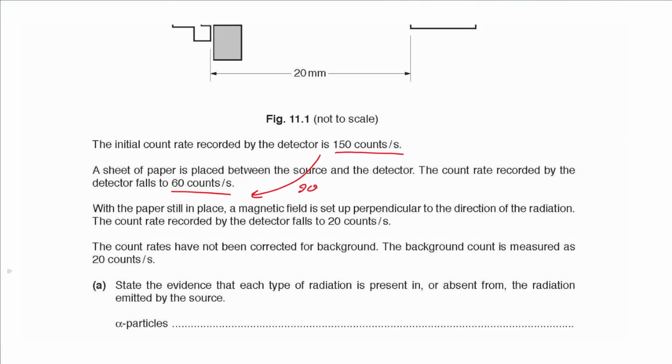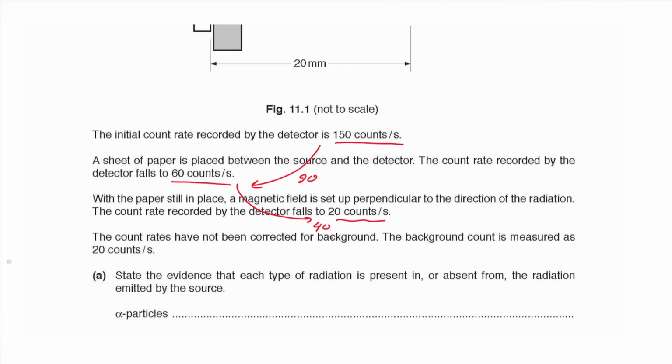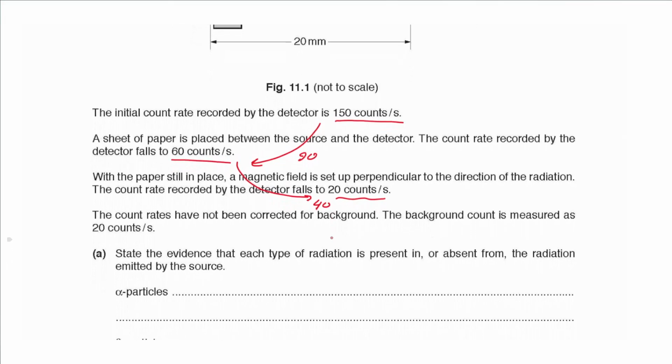With the paper still in place, a magnetic field is set up perpendicular to the direction of the radiation. The count rate recorded by the detector falls to 20 counts per second, so this change here is 40. The count rates have not been corrected for background, and the background count is measured as 20 counts per second, so the final reading was actually equal to the background.